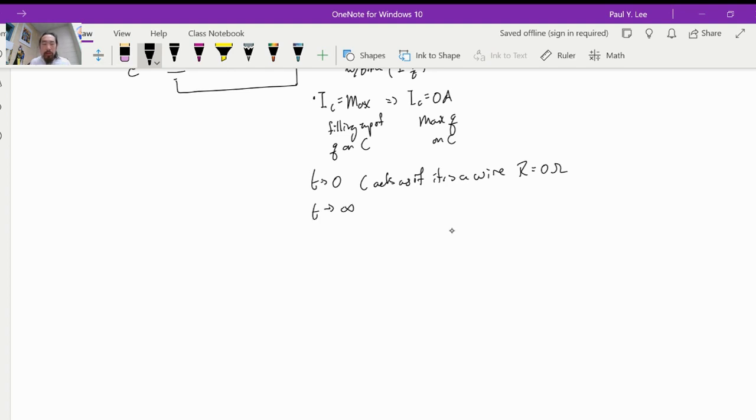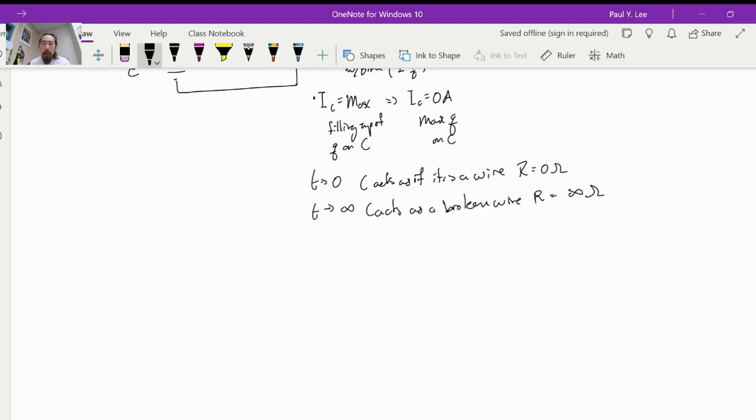But as time approaches infinity, the capacitor acts as a broken wire, where the resistance is infinity, meaning that you're no longer allowing charges to move. Like a broken wire or a resistance of infinity, there's no movement.